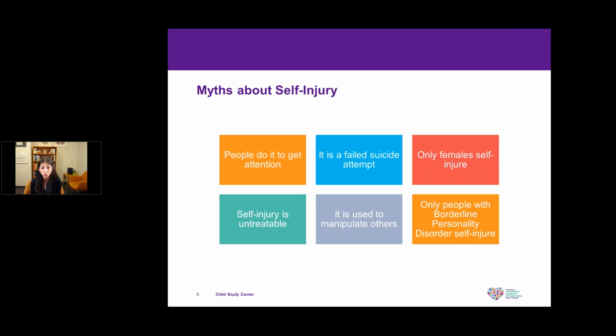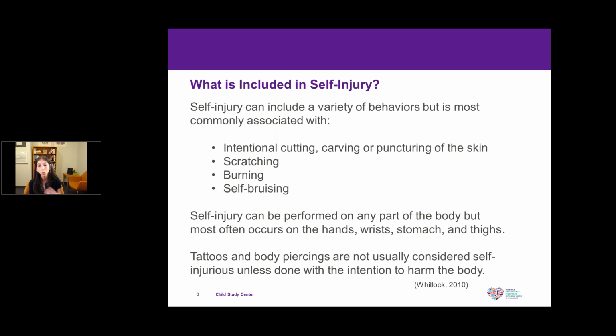Another is that self-injury is untreatable. Another is that it's used to manipulate or sort of gain control of others. And another is that only individuals with a diagnosis of borderline personality disorder self-injure. And over the course of the presentation, I'm going to work to debunk a lot of these misconceptions that people have about self-injury.